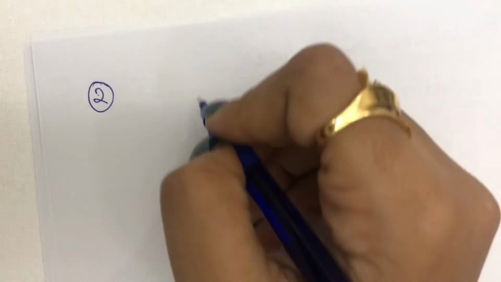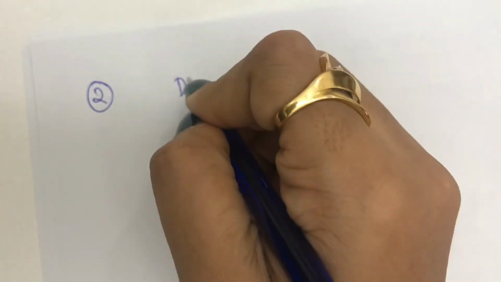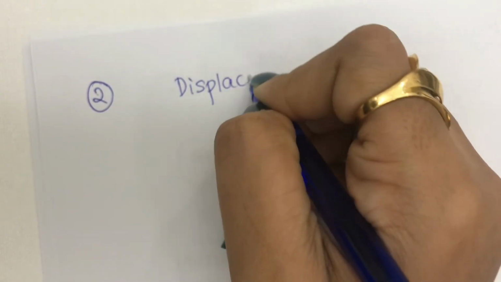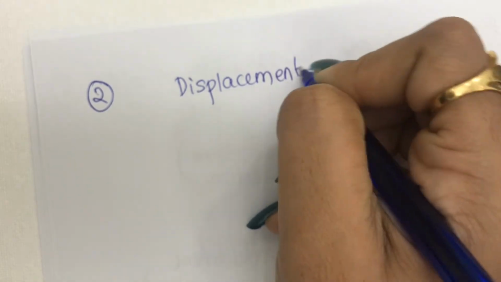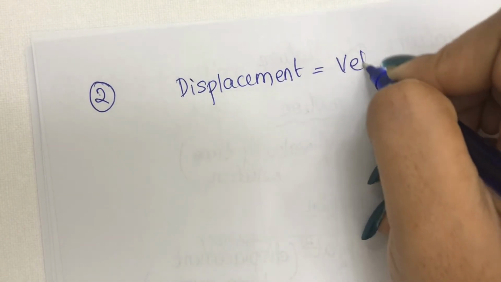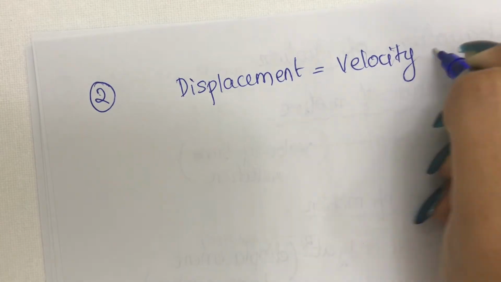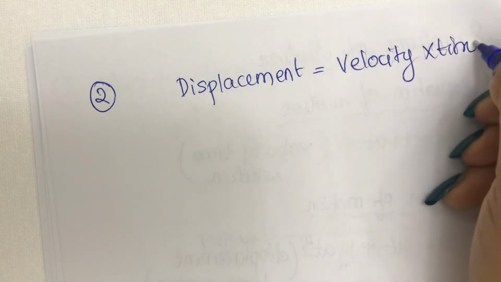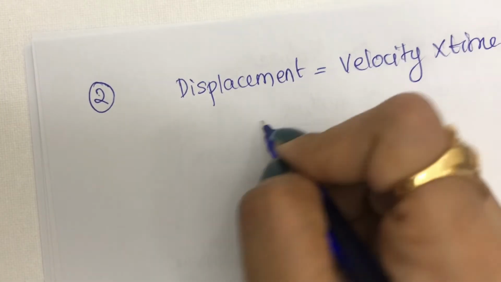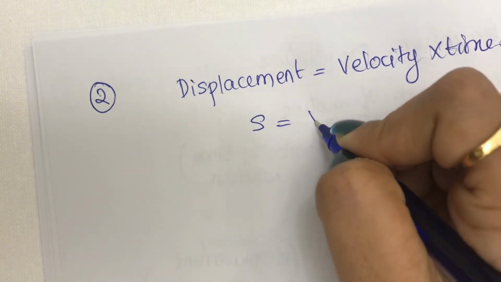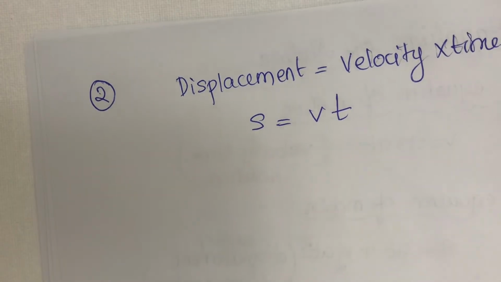Now we are going to derive the second equation of motion. We know that displacement is equal to velocity into time, so s = vt.